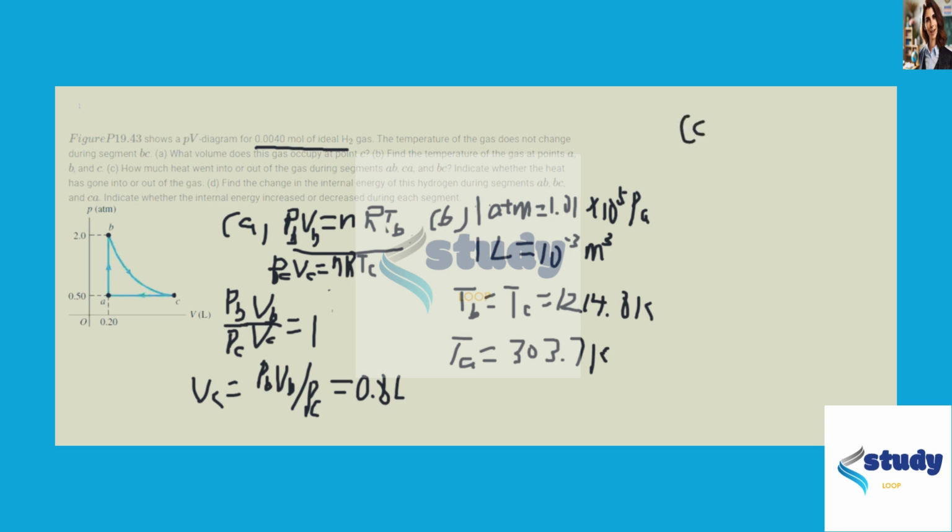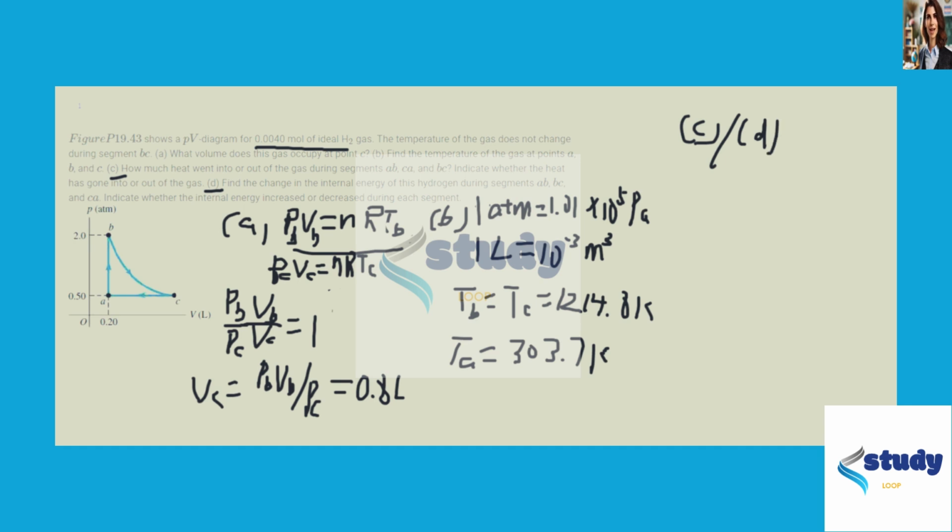And part C, we need to find the heat flowing into or out of the gas in the three processes. In part D, we need to find the change of internal energy in the three processes. So we will combine part C and part D together.